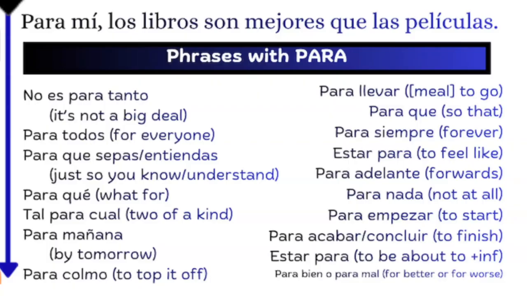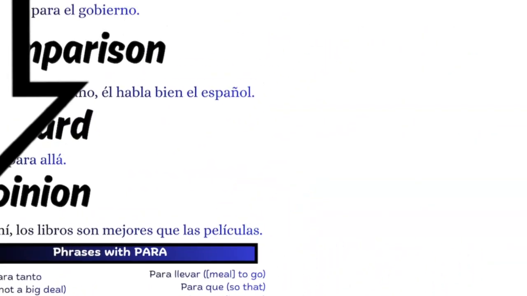Para que. Para siempre. Estar para. Para adelante. Para nada. Para empezar. Para acabar or para concluir. Estar para with an infinitive. And para bien o para mal.